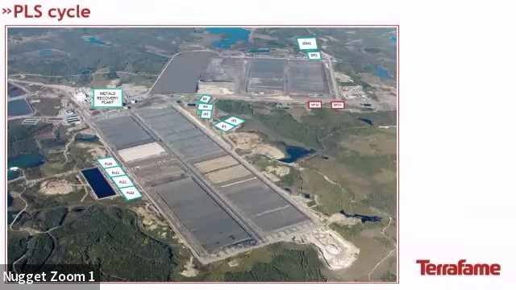Focusing on our heap leaching: solution circulation, the pregnant leach solution cycle. Starting from the metals recovery plant, we have solution coming and pumped through to secondary leaching, after we have taken out the valuables.